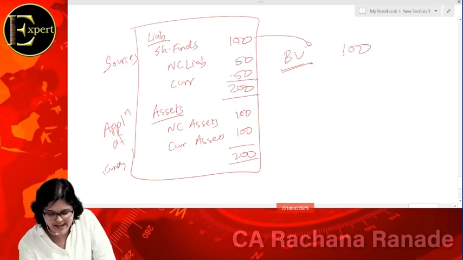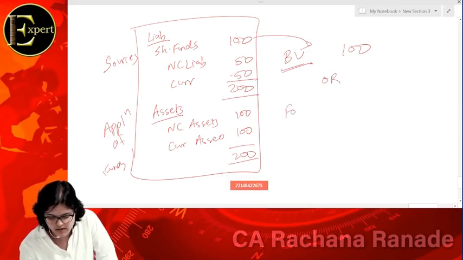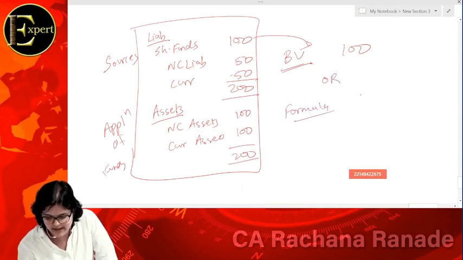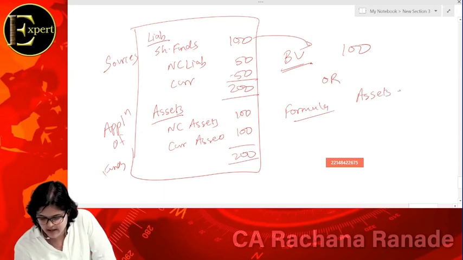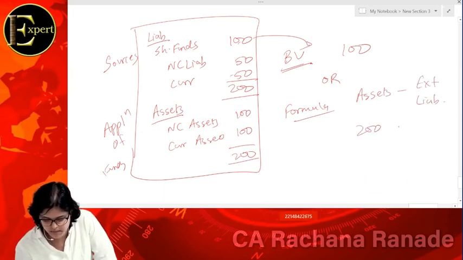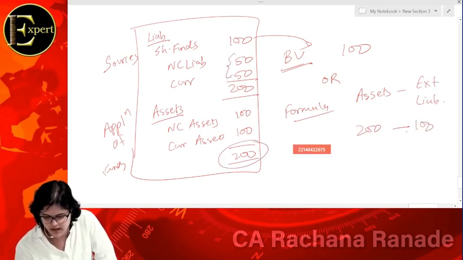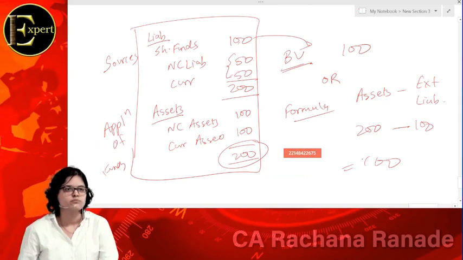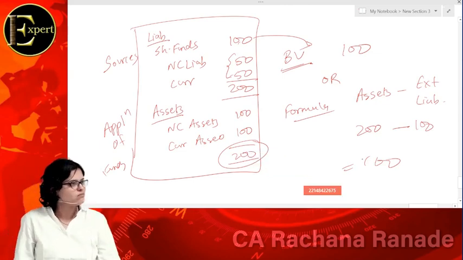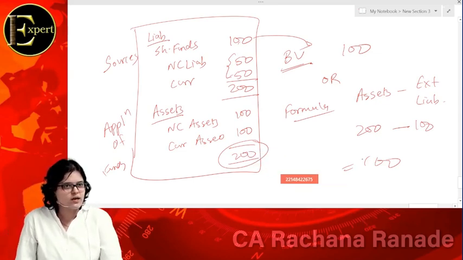Either you take this directly, the shareholders fund value, or what is the formula? Assets minus external liabilities. So 200 minus 100 will come to 100. Book value, very clear. Okay.